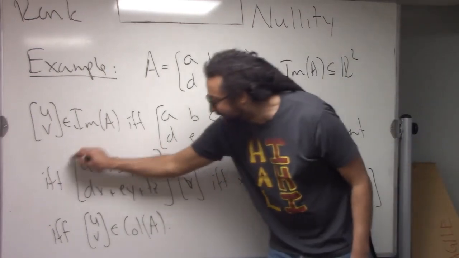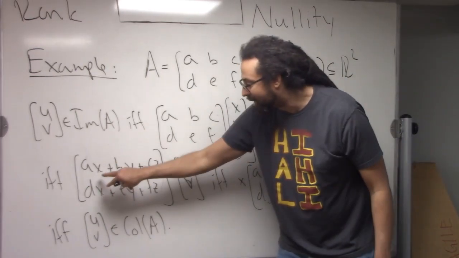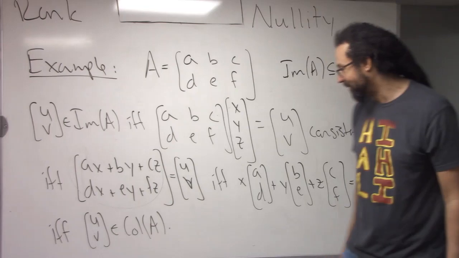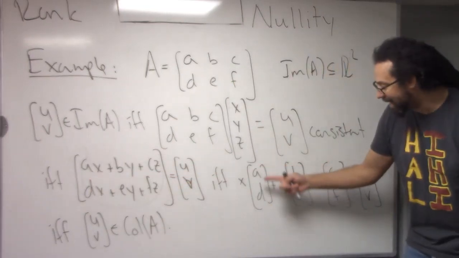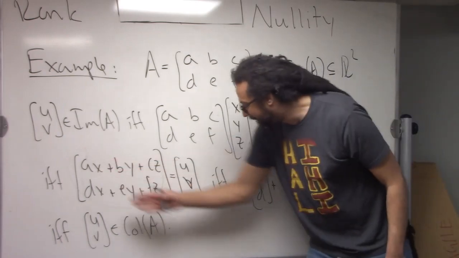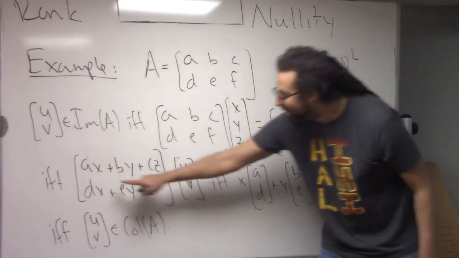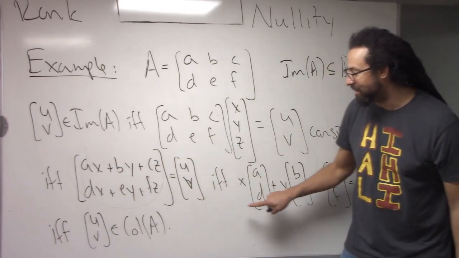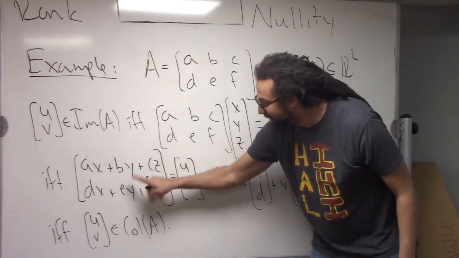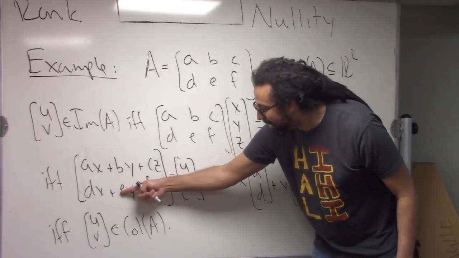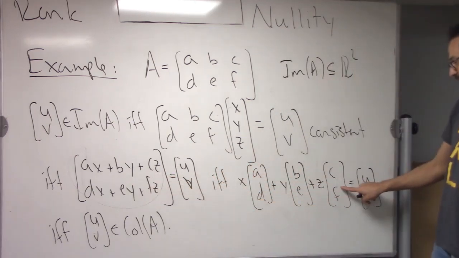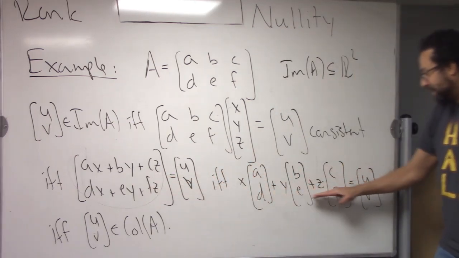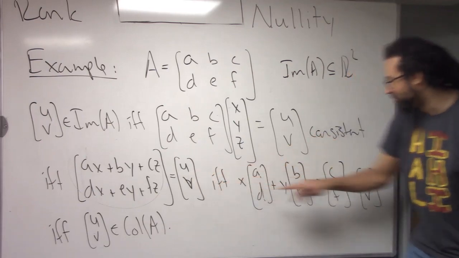Now we're going to take this thing and split it up along x, y, and z. So that's ax, dx, and then factor out an x and you just get (a, d). So x times (a, d), plus y times (b, e), plus z times (c, f). Now this thing has to be equal to (u, v).